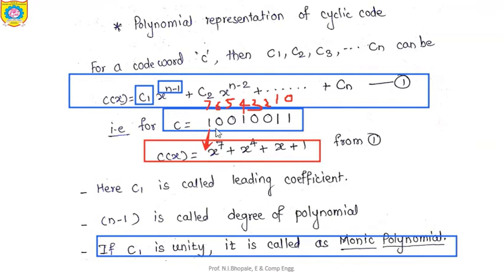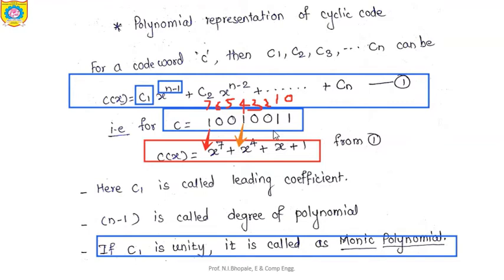Similarly, x raised to 6 will have the coefficient 0, so that term is absent here. x raised to 5 will have the coefficient 0, that is absent here. For x raised to 4, the coefficient is 1, so we put it here and it is present. For x raised to 3, the coefficient will be 0 and we need not write that term. Similarly for x square, the coefficient will be 0.